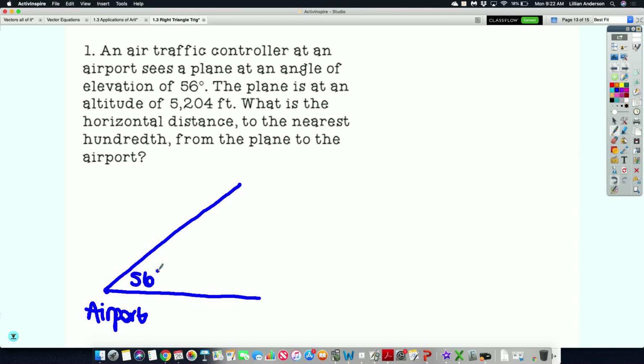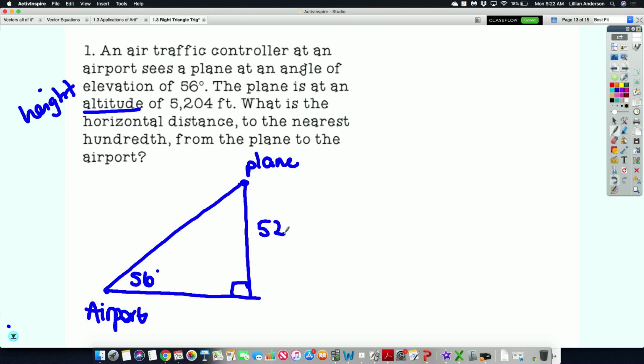Now the plane, so that means the plane has to be up here, correct? So the plane is at an altitude. What does altitude mean? Height. So it's basically at a height of 5,204 feet. Height is always what to the ground? Vertical. So there is your 90-degree angle. 5,204 feet.